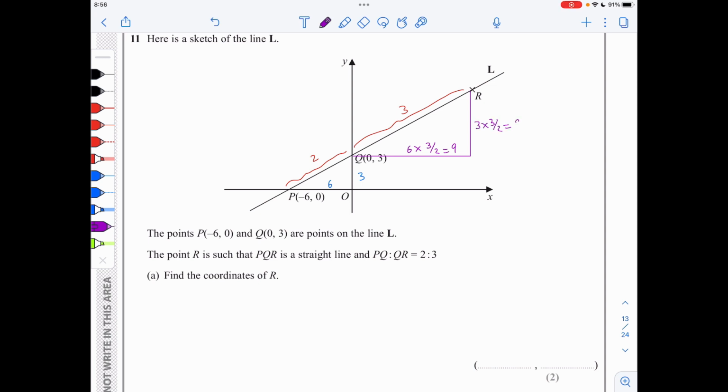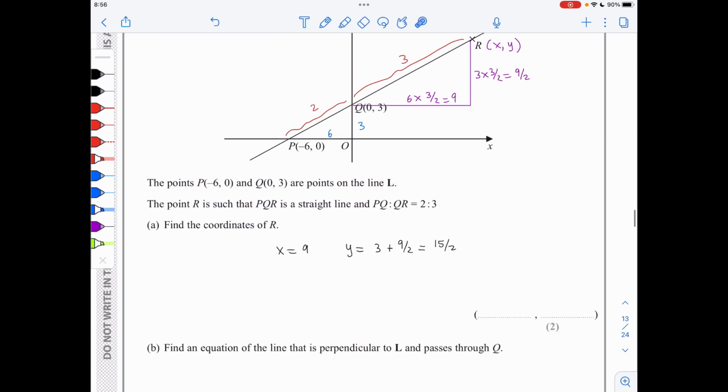So this is 9 over 2. So if R had coordinates x, y, this means that x will be simply 9 and y will be 3 plus 9 over 2, which works out to be 15 over 2. It's because we were at 3 and we rose by another 9 over 2. So the x coordinate will be 9 and the y coordinate will be 15 over 2.